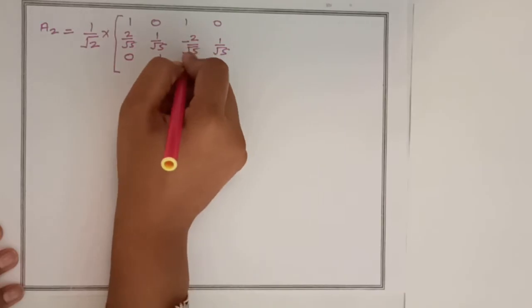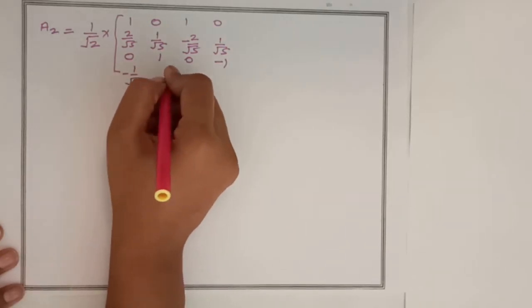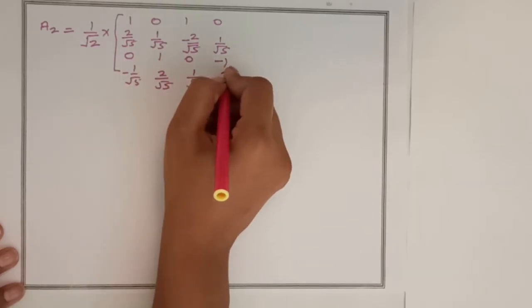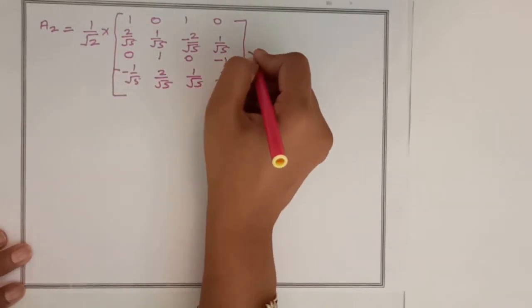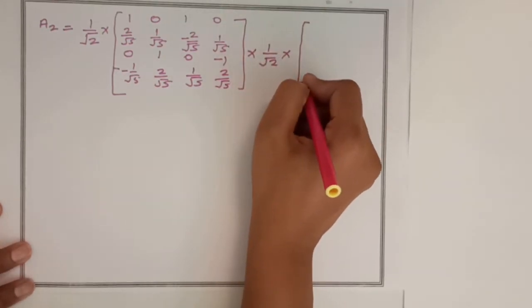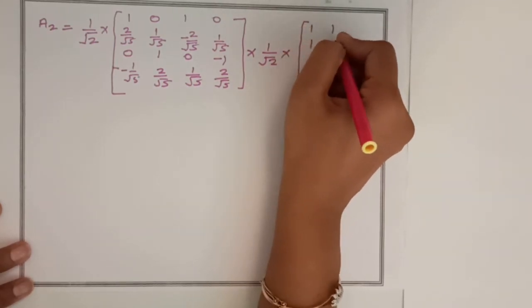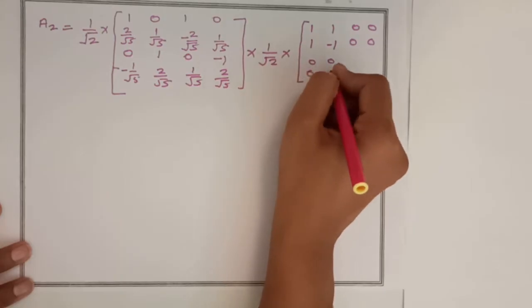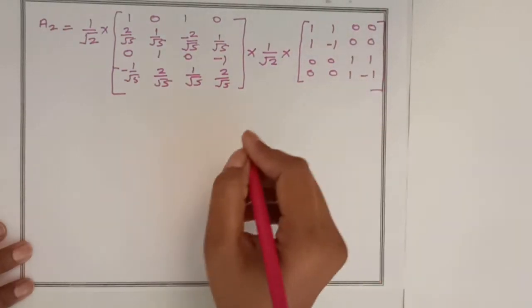Third row is 0, 1, 0, minus 1, and in the fourth row the coefficients will be 1 upon under root 5, 2 upon under root 5, 1 upon under root 5, and last is 2 upon under root 5, into 1 upon under root 2 into the coefficients of S2: 1, 1, 1, minus 1, 0, 0, 0, 0, and then S2, which means 1, 1, 1, minus 1.